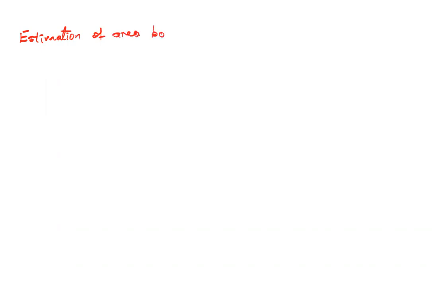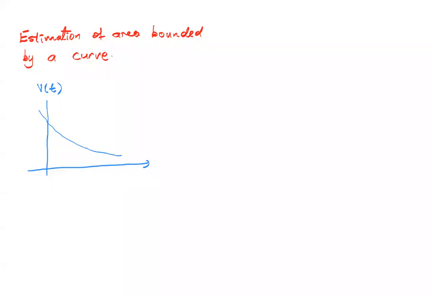Okay, so the example I give you in the text is, I give you a velocity graph, and the velocity function is equal to 2e to the power negative t plus 2. Am I right? You have that?